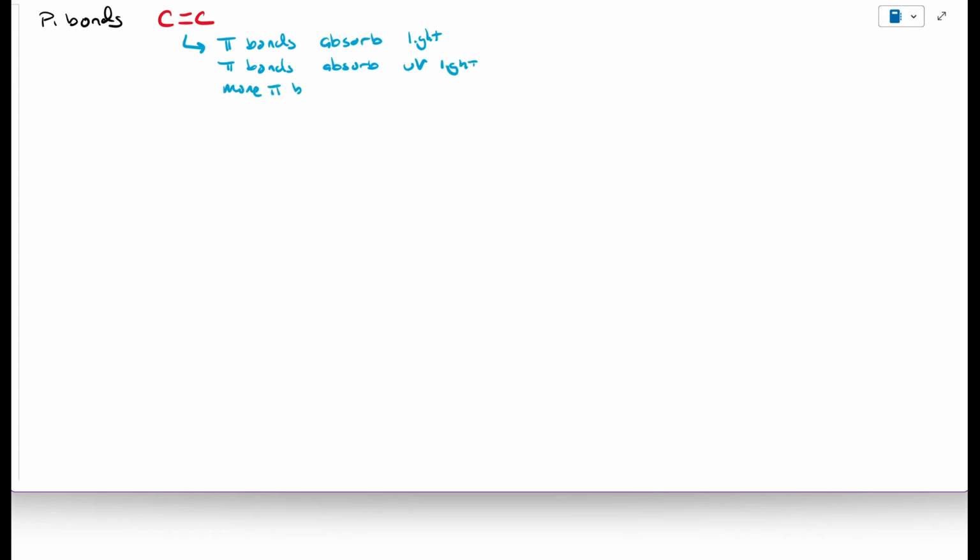And more pi bonds in conjugation, we'll talk about that in a second, absorb longer wavelengths of light. Those are the three key concepts you have to keep in mind for UV-vis spectroscopy as it pertains to organic chemistry. Okay, so with that as our backdrop, let's take a step back for a second.